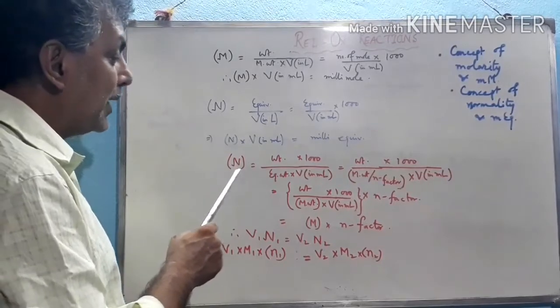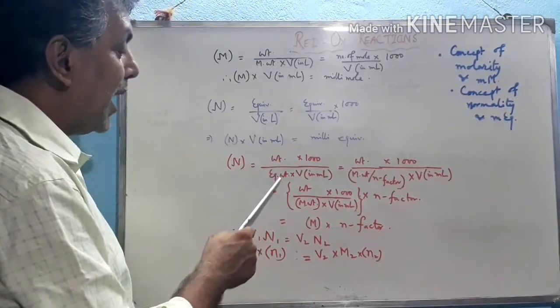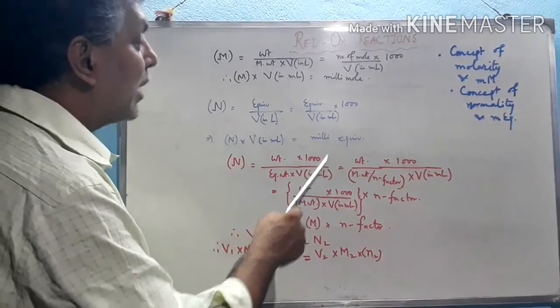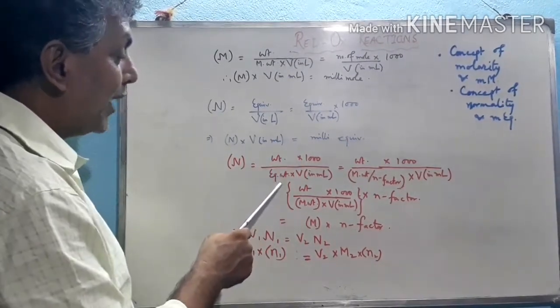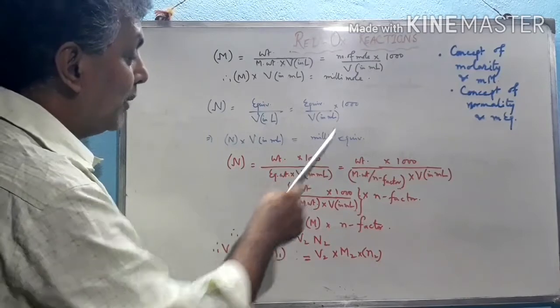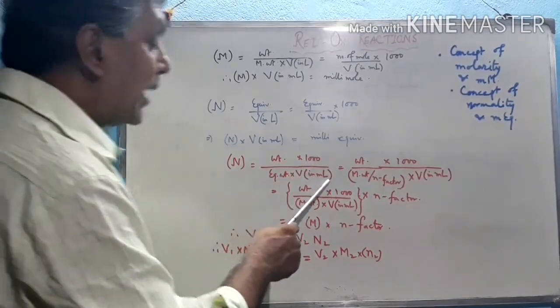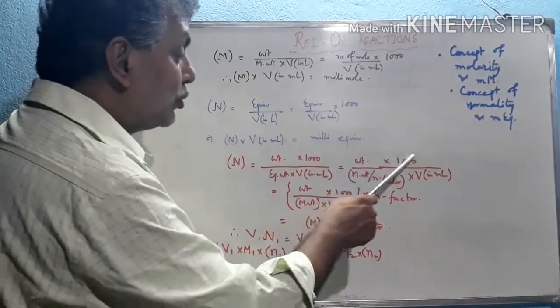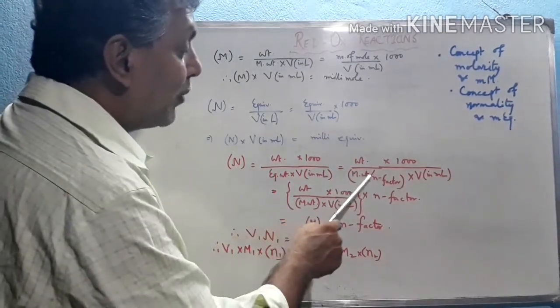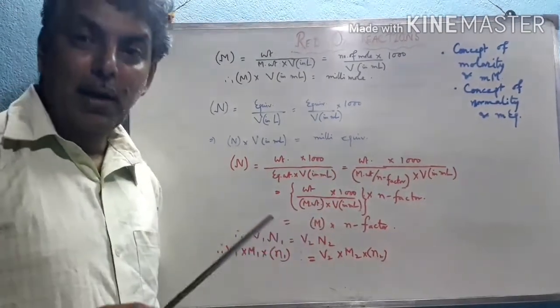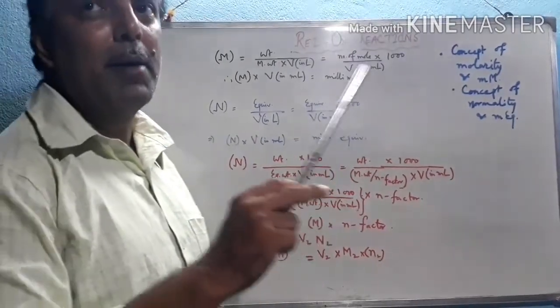First, normality equals weight by equivalent weight, into 1000 by volume in milliliter. It can be expressed as weight into 1000, the numerator remains the same, but the equivalent weight can be expressed as molecular weight by n factor. Already you have learned equivalent weight equals molecular weight by n factor.